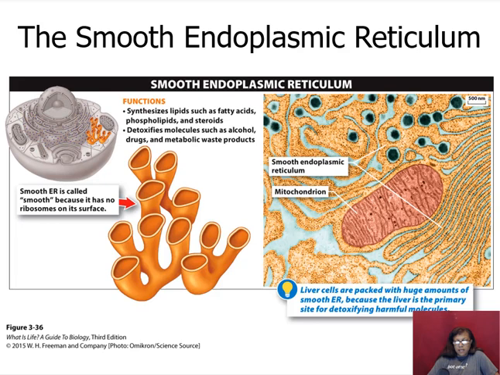Okay. This is another look at the smooth endoplasmic reticulum. Function: synthesize our lipids, such as our fatty acids, our phospholipids. So when we're talking about the phospholipids that make our cell membranes, if you're wondering where those come from, they're made right here in the smooth endoplasmic reticulum.